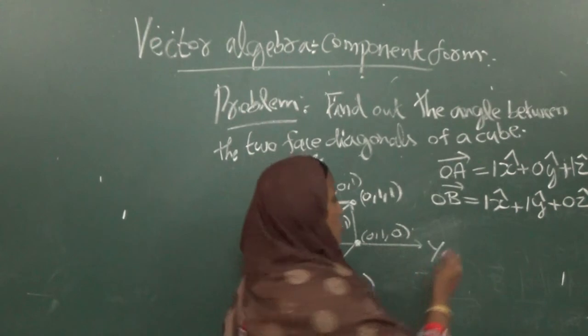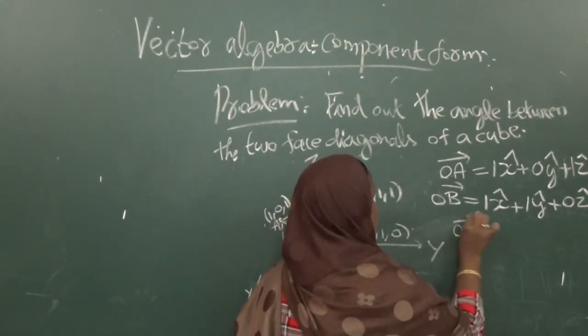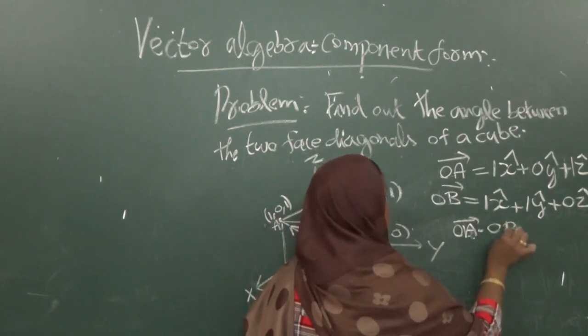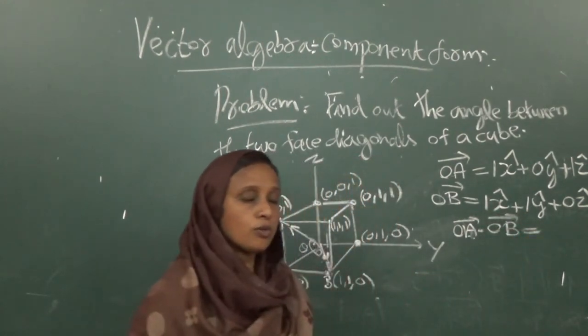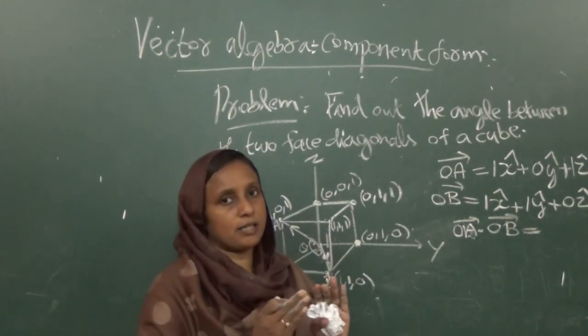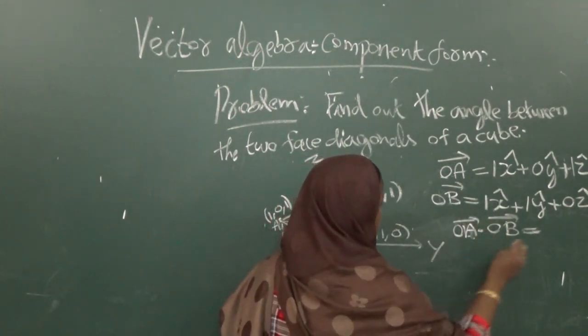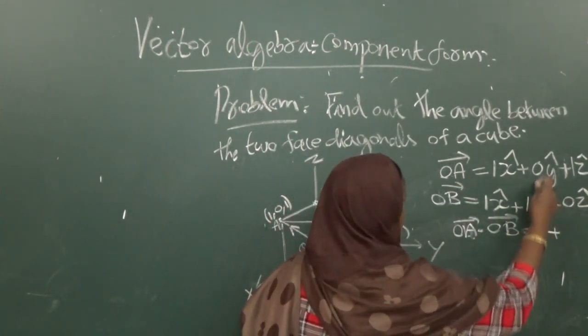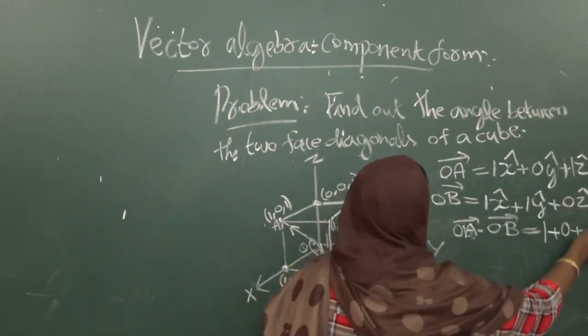In component form, vector OA dot vector OB equals, how do we find the dot product? We multiply like components. So you get 1 into 1, which is 1, plus 0 into 1, which is 0, plus 1 into 0, which is 0.